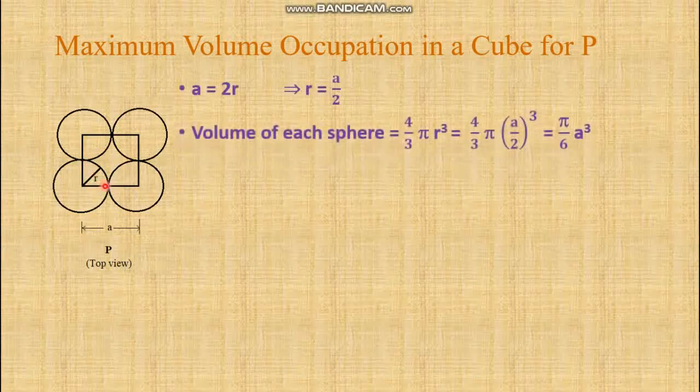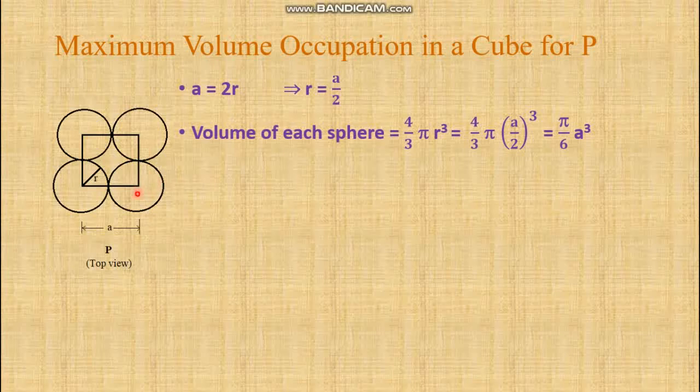So let's start. a is therefore twice r, because half of a is r, then another half of a is another r, so a is actually twice r. That means r equals to a by 2. Now volume of each sphere is 4 by 3 pi r cube.